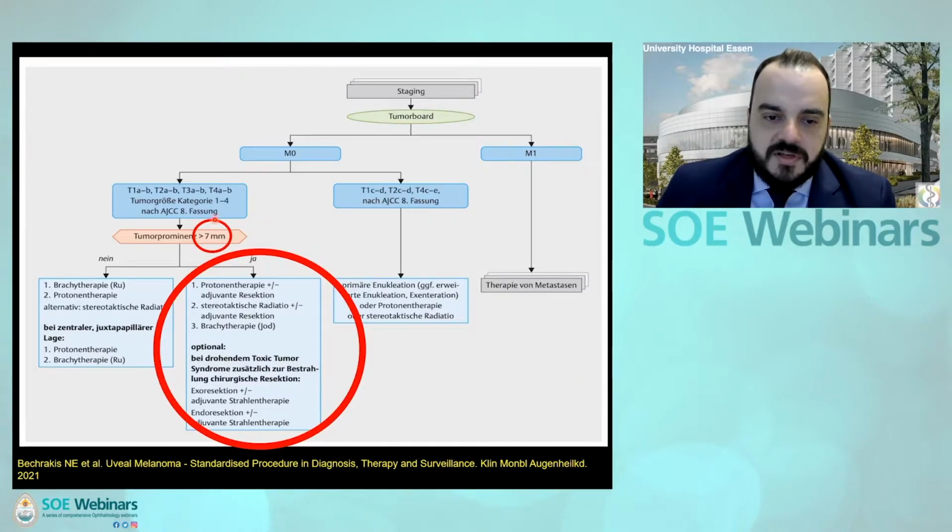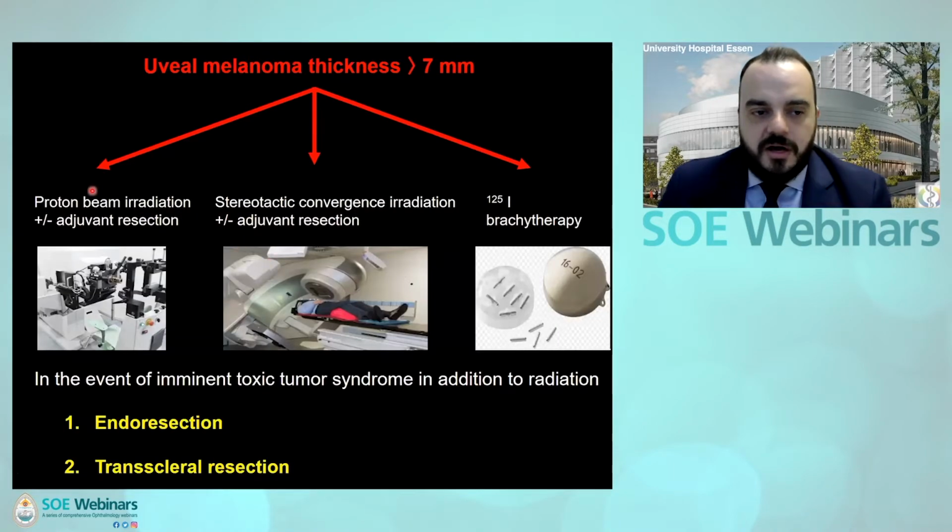We refer to tumors higher than 7 millimeters, and what we can do then is either proton beam irradiation and adjuvant resection, or stereotactic irradiation plus adjuvant resection, or we treat them with iodine brachytherapy. In case of a risk of toxic tumor syndrome, we proceed with resections as well, and these are either the endoresection or the transscleral resection.